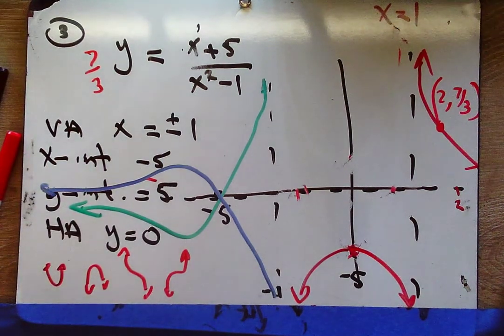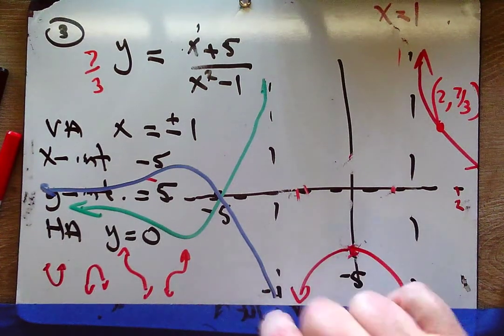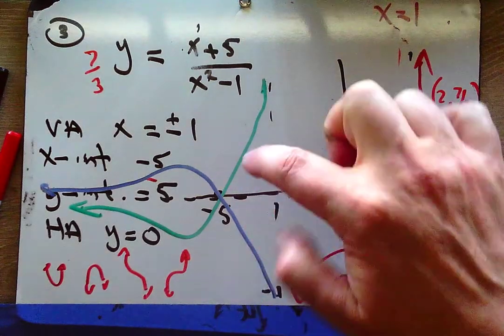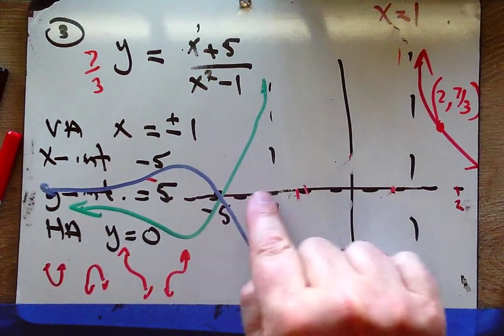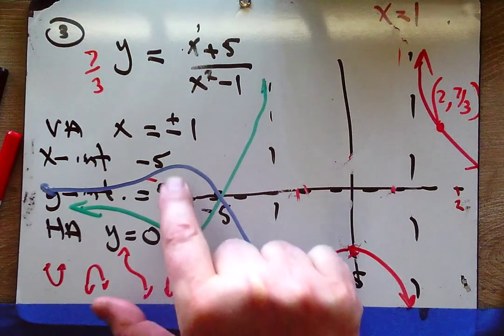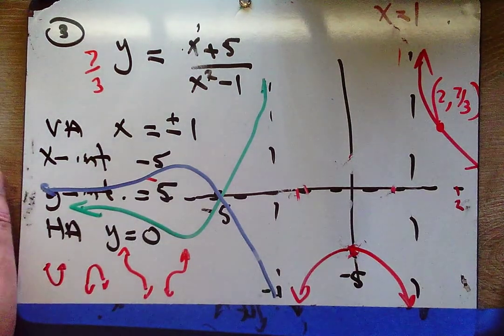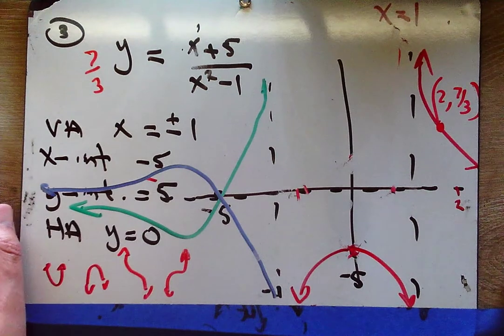And we need to figure out which of these we have. Well, this is -1, this is -5. I could choose a value in here and see whether I get this or this. Or I could come out over here and choose a value over here to see if I get this or this. It doesn't matter at all, but I think you should be thinking about what you're doing and not just trying to do what you're doing. That thinking process is kind of important with this stuff.